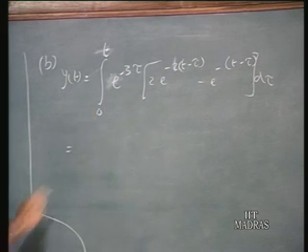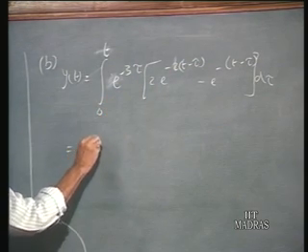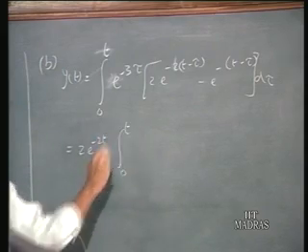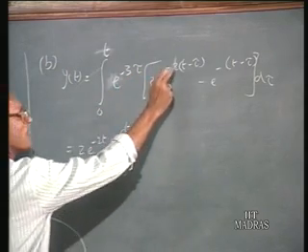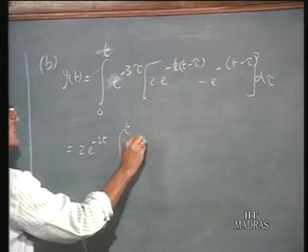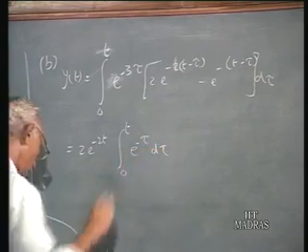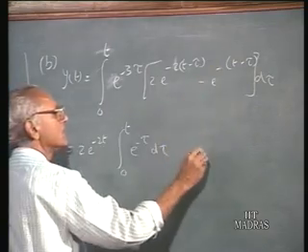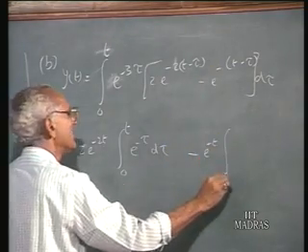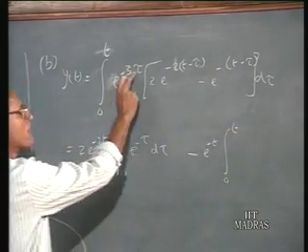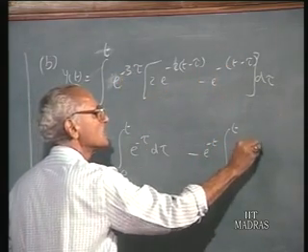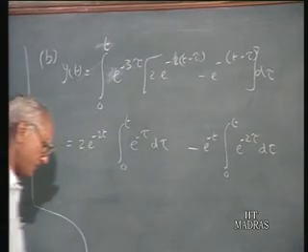Working out as before, this is the integration with reference to τ, therefore e to the power of minus 2t can be brought outside: 2e^(-2t), then integral from 0 to t of e^(-3τ) and e^(+2τ), we have got e^(-τ) dτ. And then for the second part, you have e to the power of minus t that can be pulled outside, and the integral from 0 to t of e^(-3τ) and e^(+τ), therefore e^(-2τ) dτ is what we are getting.